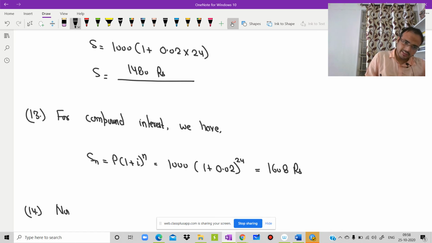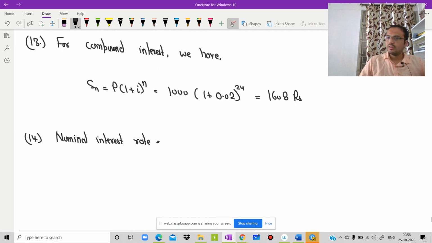Please tell me the nominal interest rate. I need answers of these last two questions. Now you will understand the significance of that chart.